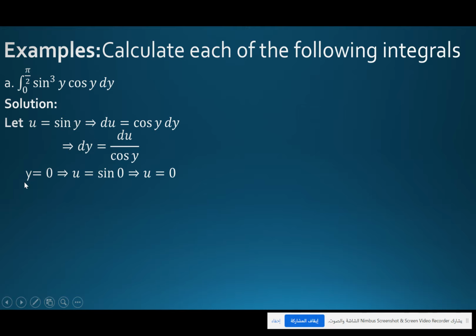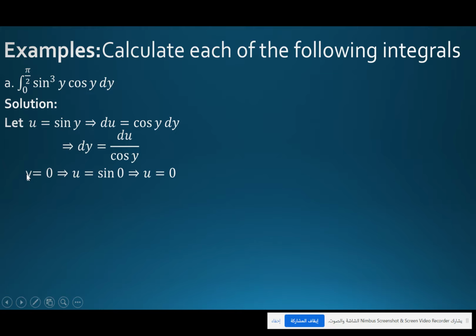Here you have a small problem, which is your interval. It is in terms of y. That means this 0 is a value of y, not u. You are going to change it to be in terms of u.